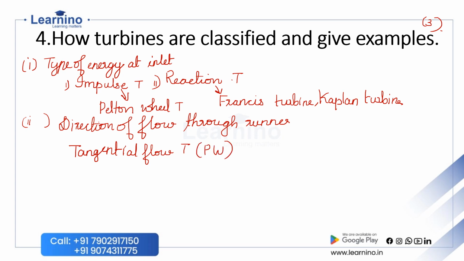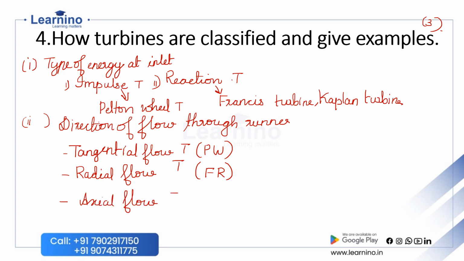Next is radial flow turbine, its example is Francis turbine. And the third one is axial flow turbine, and its examples are Kaplan turbine, and one more type is propeller turbine.